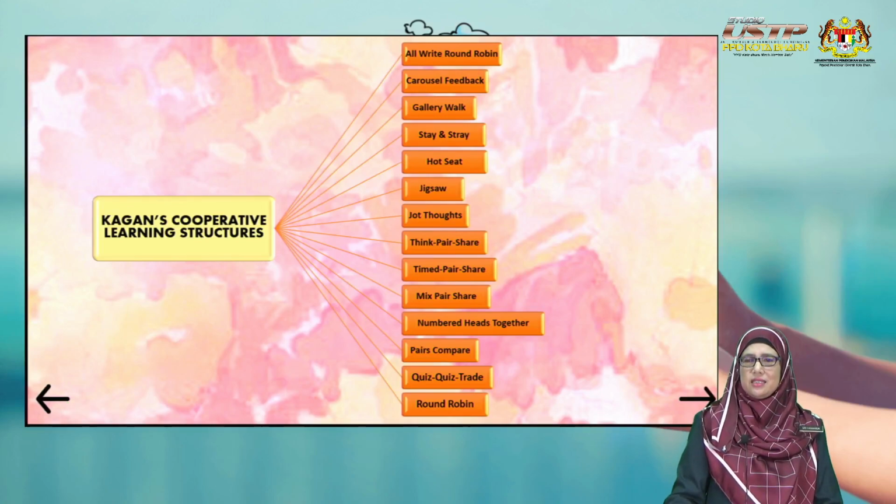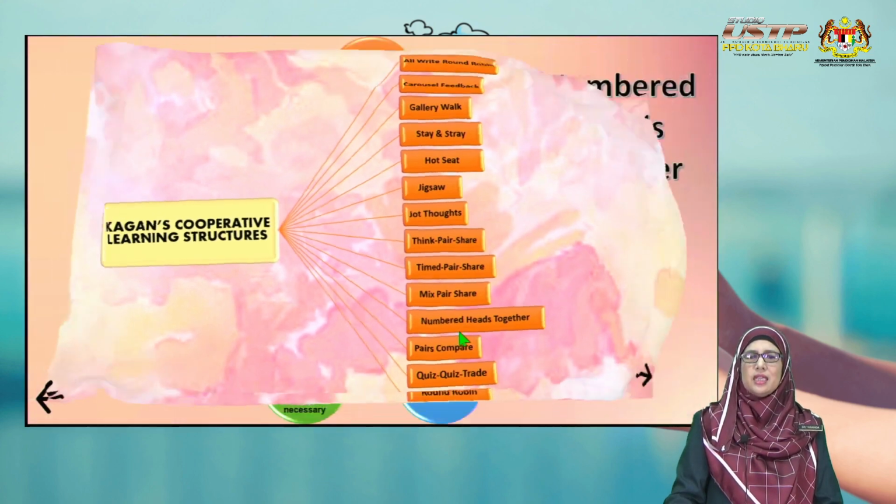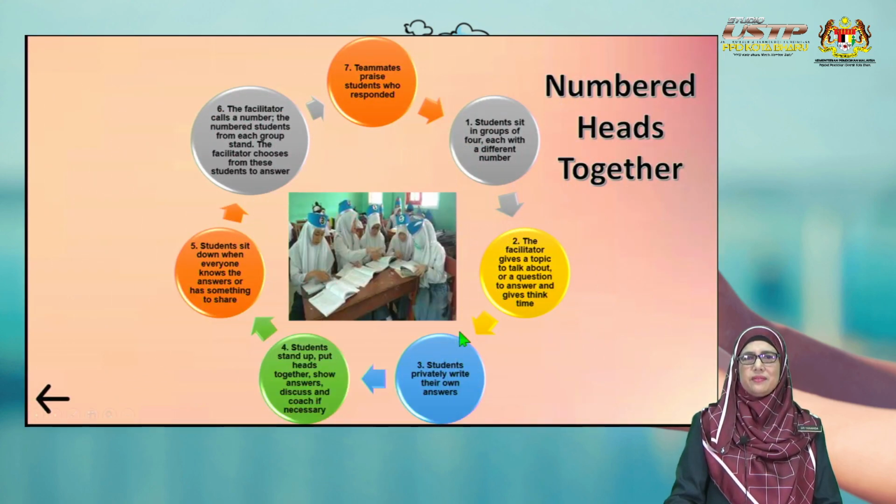The second activity that we had already chosen is numbered heads together. In this activity, number 1, students sit in groups of 4, each with a different number.